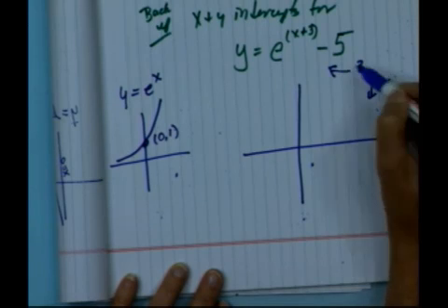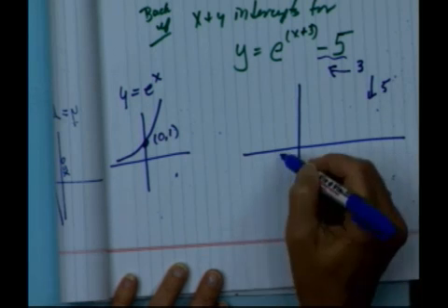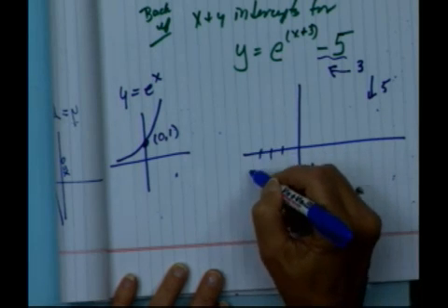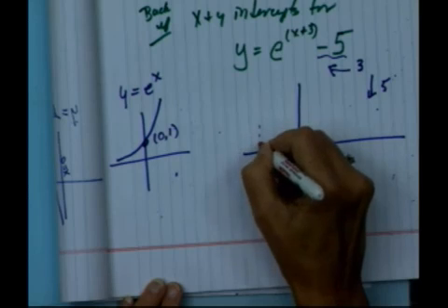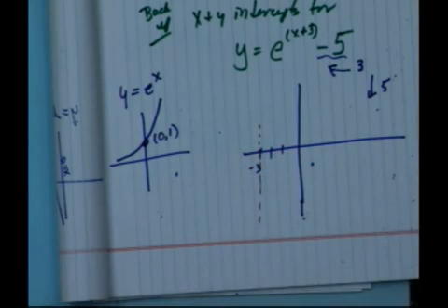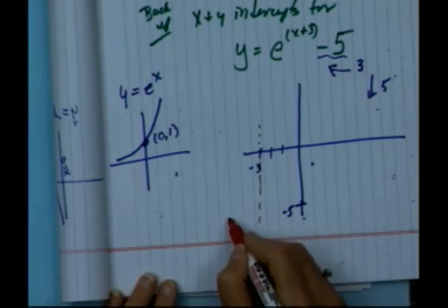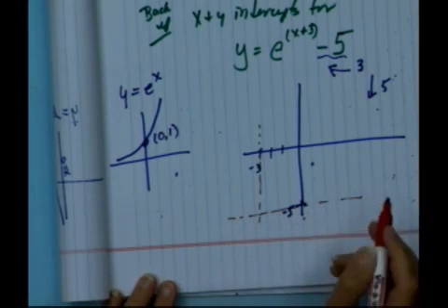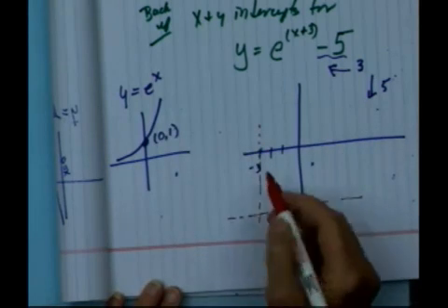Down 5, right? So you're going to go left 3. I'm just going to do a little translation of axes in here. And down 5. Okay, and so all you're doing is picking up that graph, moving it left and moving it down.